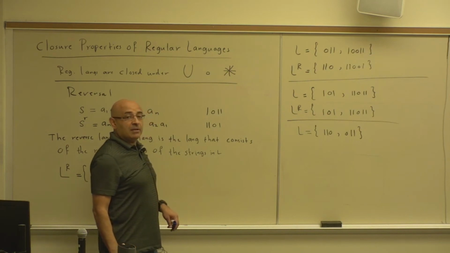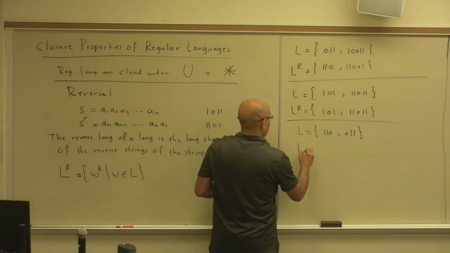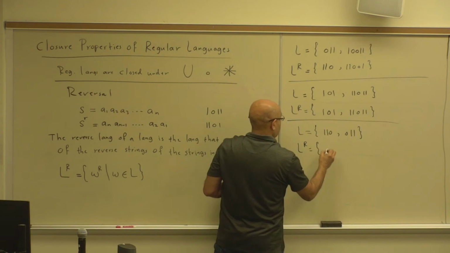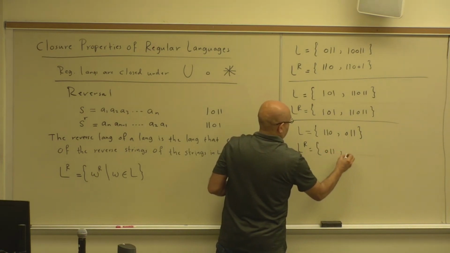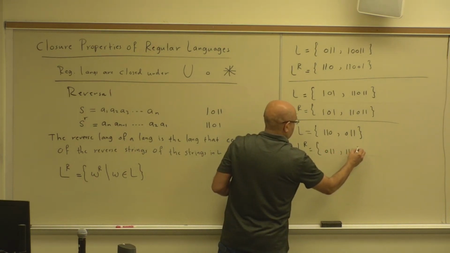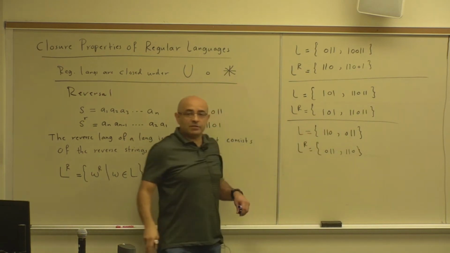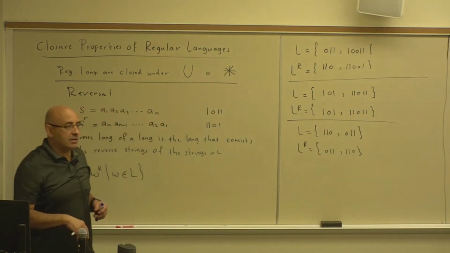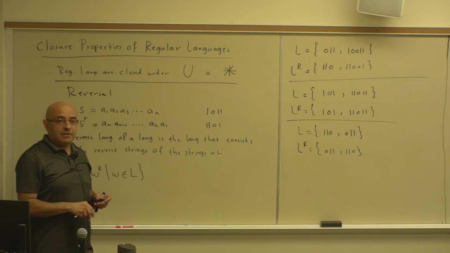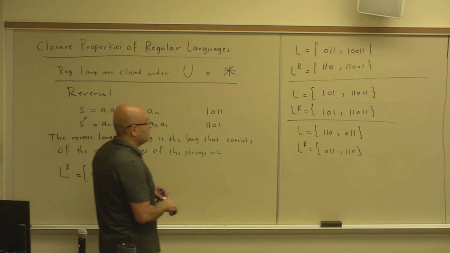These are not palindromes, but when you reverse them, L^R is going to be 011 and 110. So if the strings in the language are the reverse of each other, then the reverse language is going to be equal to the original language.